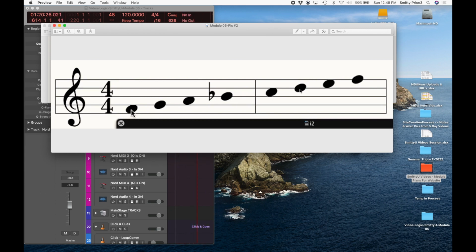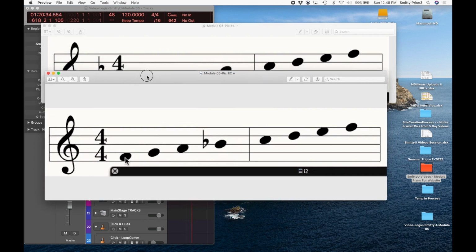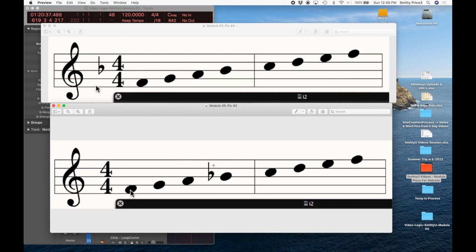C, D, E, F. Okay, so the same thing that we did in G, we can do in F. Instead of having to write all these flat indicators in our music, we can add that flat over here next to the treble clef, and that tells us that any B's, see how this is centered on that third line, the same line as any of our B's, any B that we come across in this song is going to be flatted instead of played naturally.